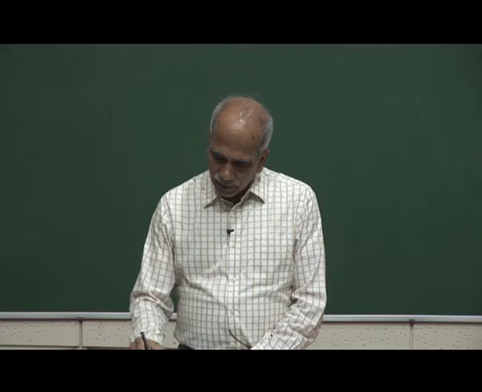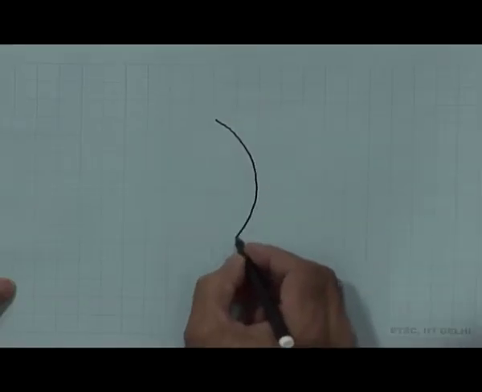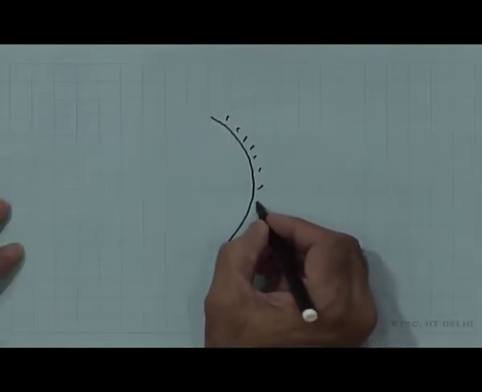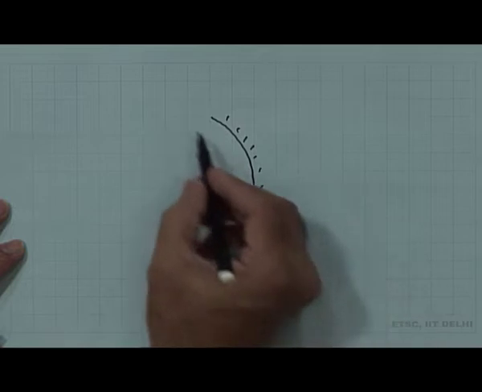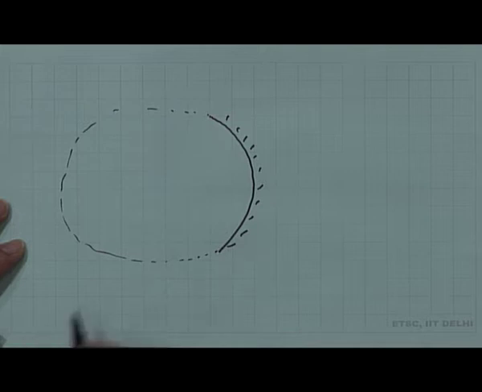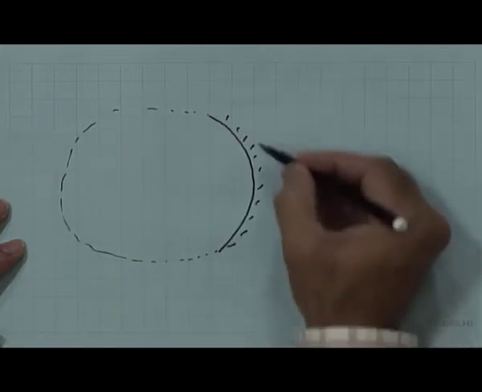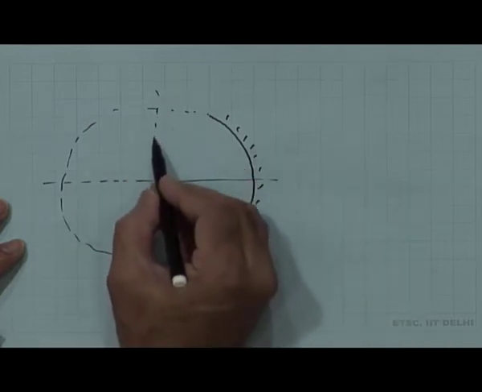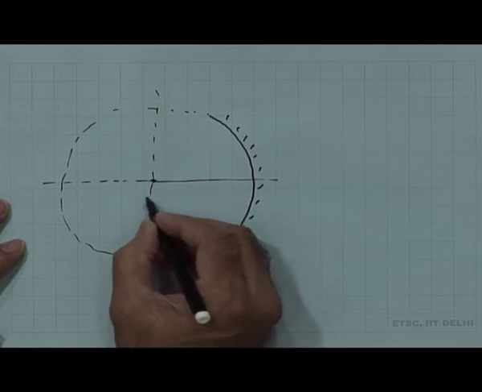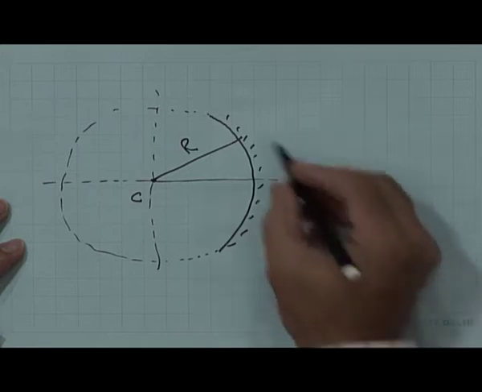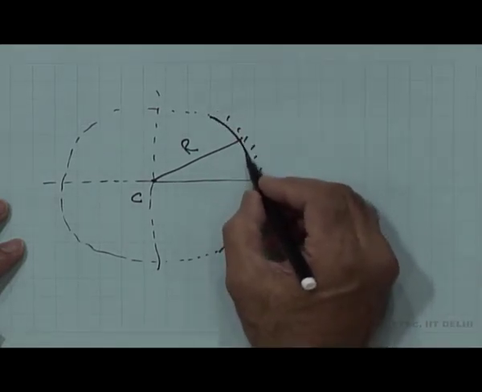So, when we show a spherical mirror like this, note that this is part of a hollow sphere. It is a circular section of the hollow sphere of a certain radius of curvature. If this is the center, then this is the radius of curvature r. So, the spherical mirror is a circular section.